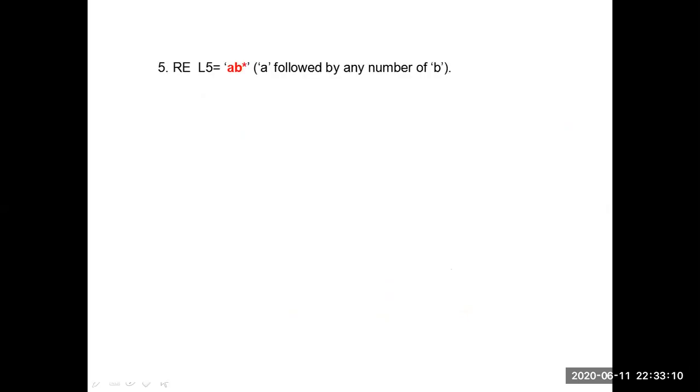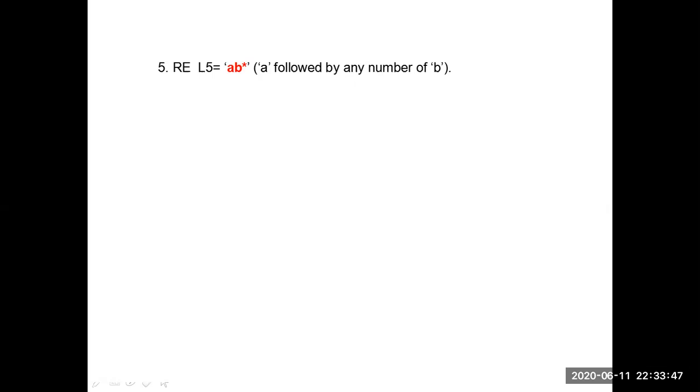Now next we come to the regular expression alpha equals AB star. What is the meaning of AB star? See, with AB star, A is always followed by any number of B's.